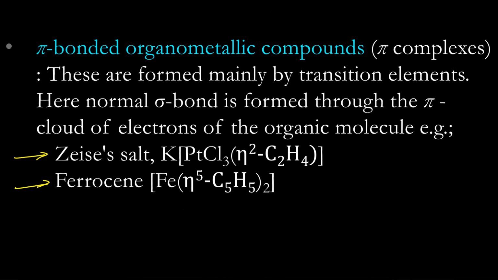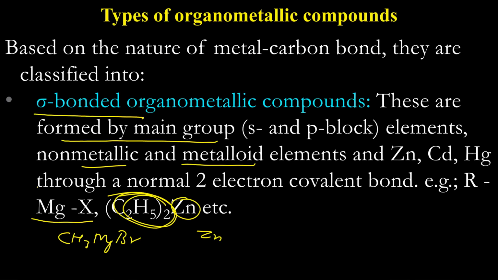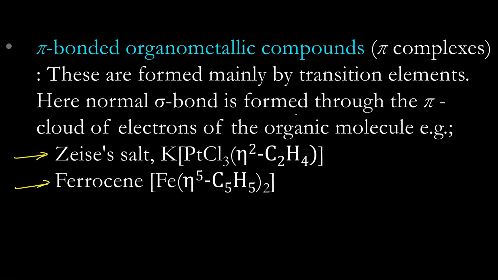Sigma bonded, I'm going back, are formed by main group S and P block elements, and remember, these are not complex compounds. These are organometallic compounds, but not actually complex compounds. Complex compounds are formed by D block, and those are pi complexes.